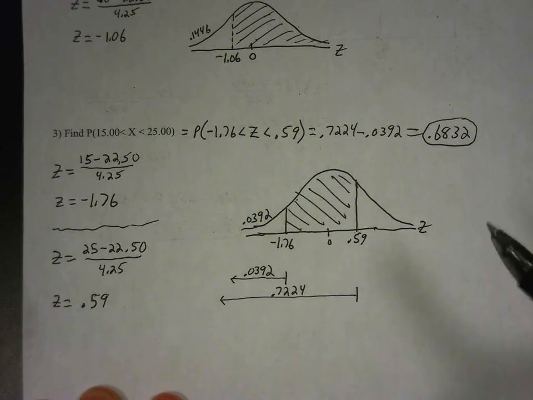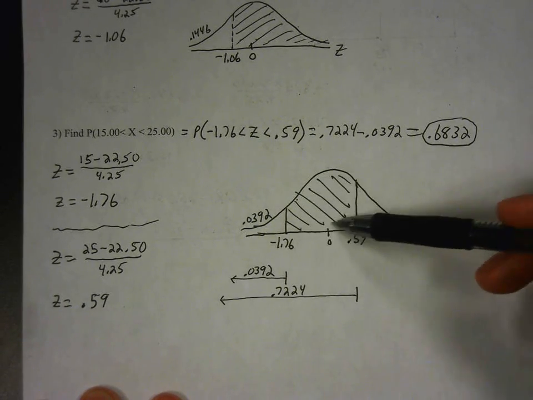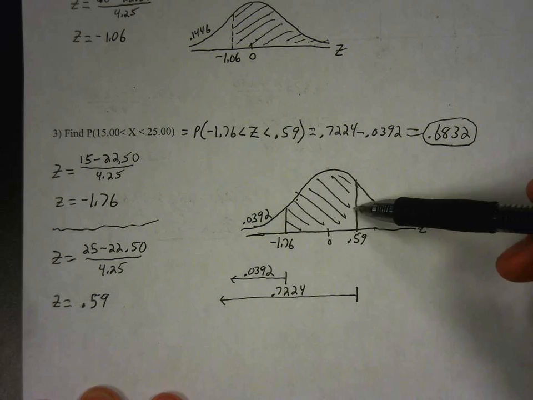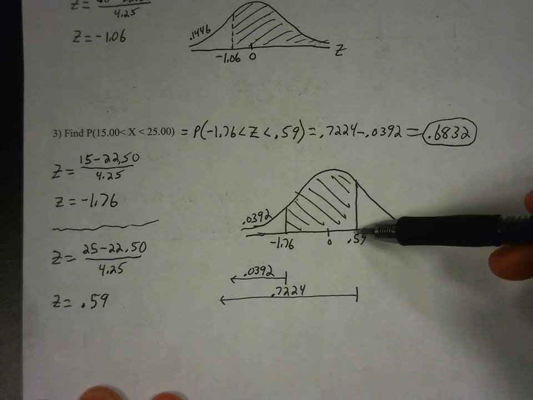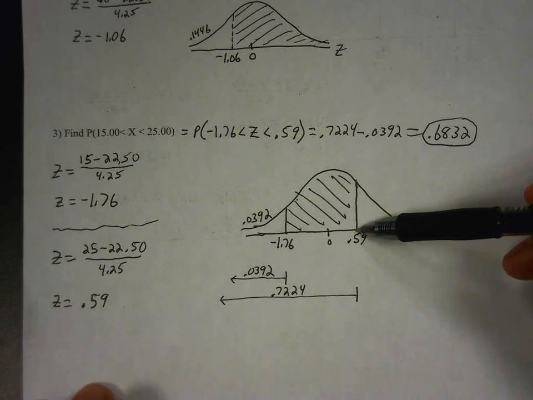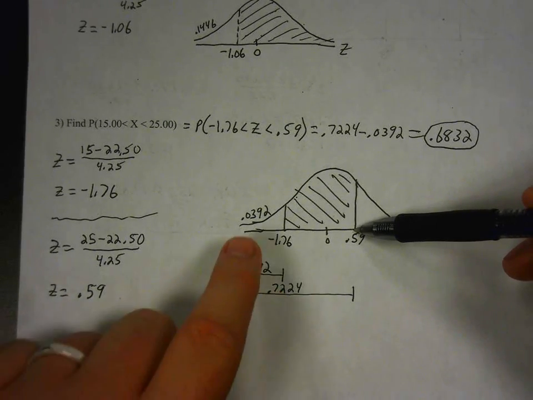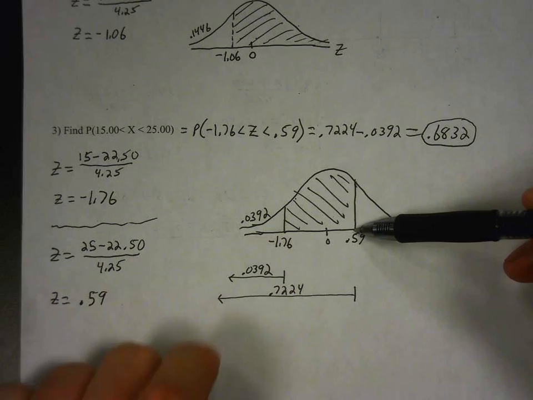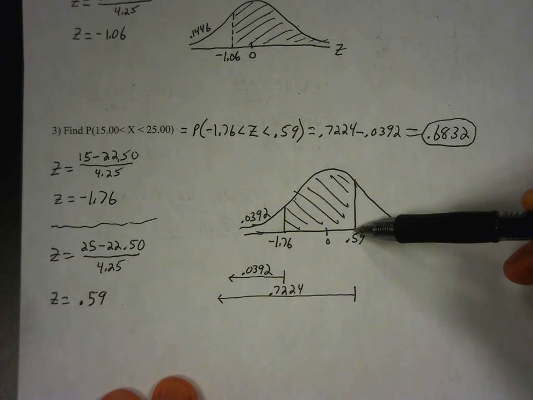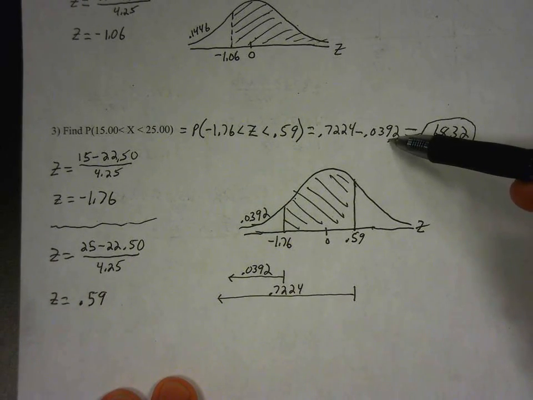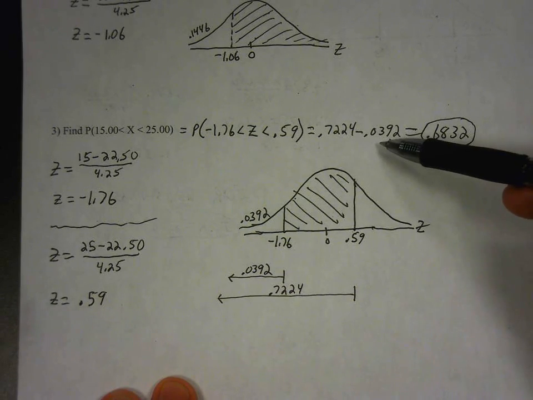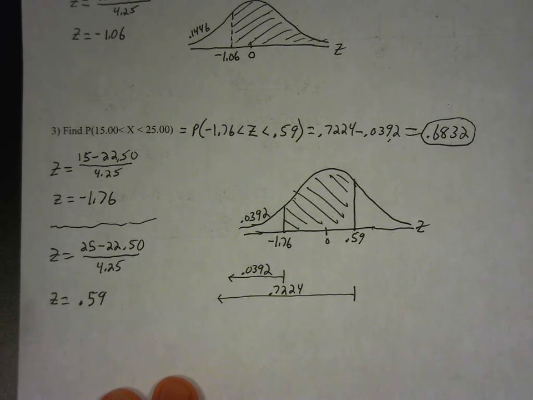Looking at the shaded area, you take the total area to the left of 0.59, which is 0.7224, and subtract the area to the left of negative 1.76, which is 0.0392. You subtract those two areas, and that gives you 0.6832 for the area.